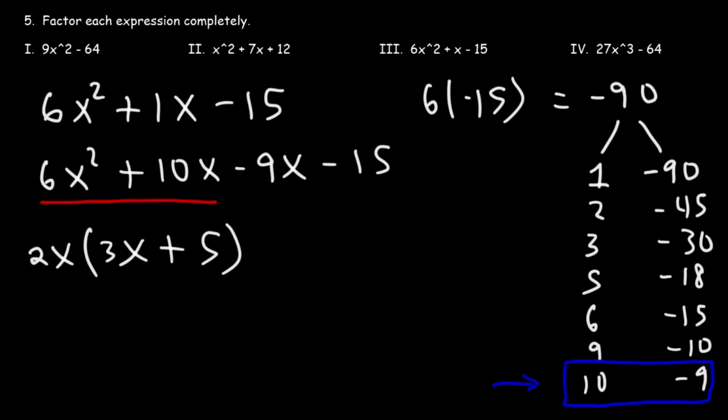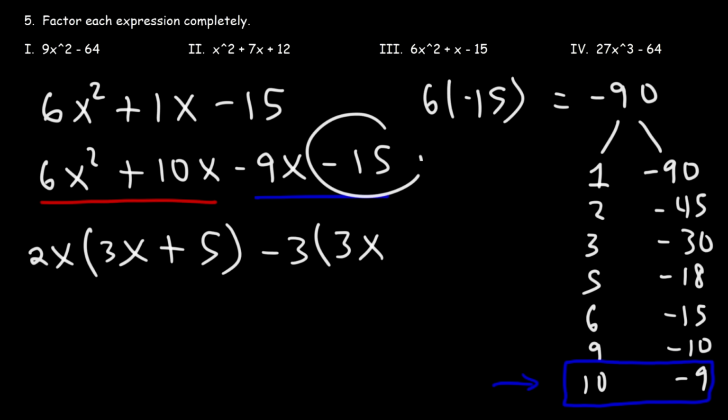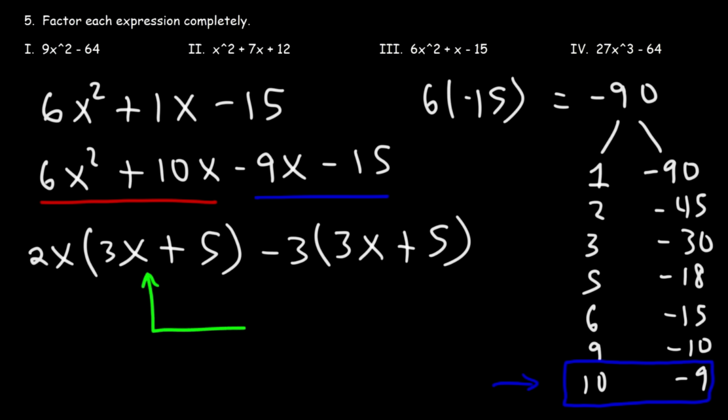Now, let's take out the GCF in the last two terms. This is going to be negative 3. Negative 9x divided by negative 3 is 3x. Negative 15 divided by negative 3 is positive 5. Now, notice that these two expressions are the same. If you see that, that means you're on the right track.